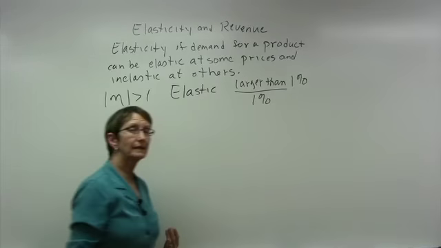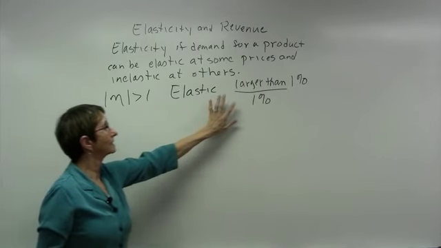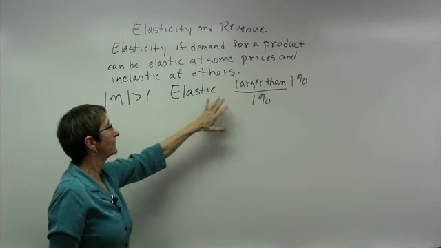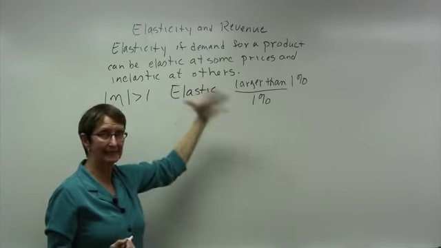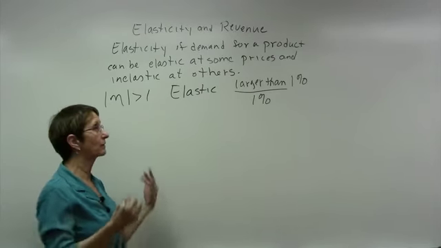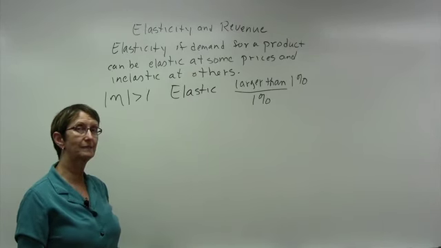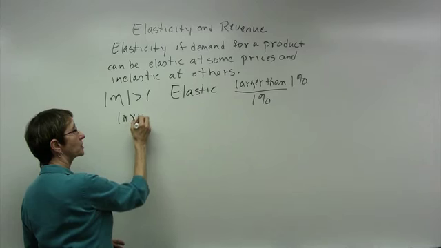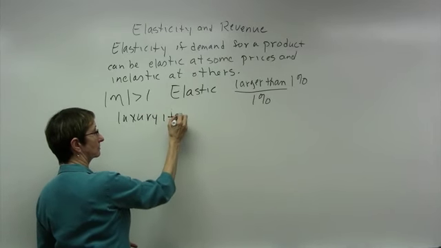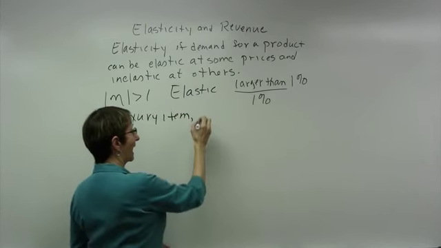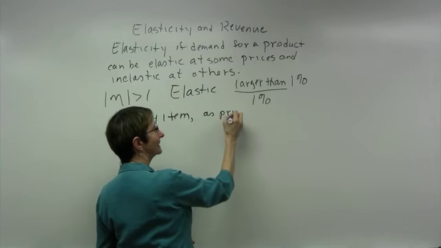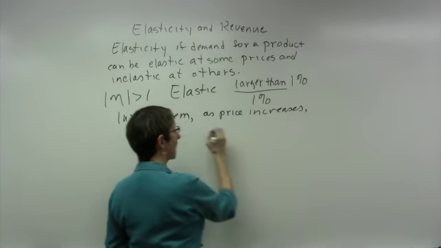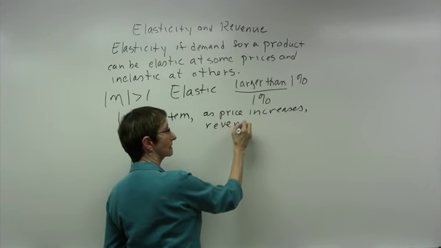So if you think about an item, a small increase in price means a much larger decrease in demand. That tells us that what we have is a luxury item. And as price increases, revenue will decrease.